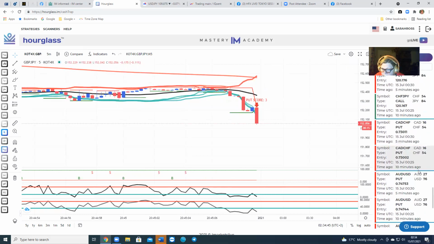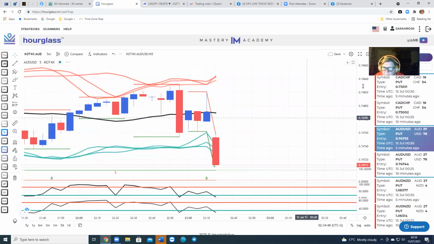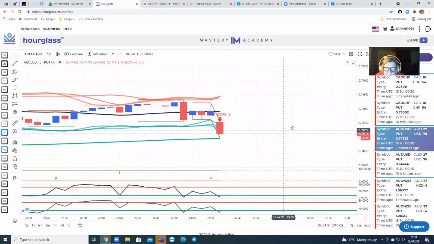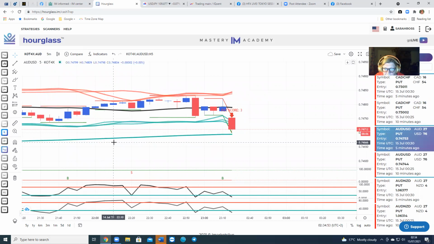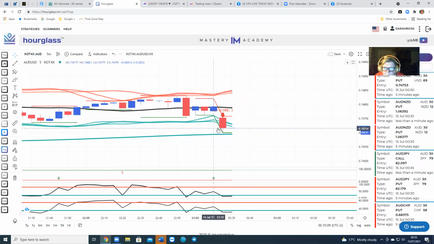Don't trade any of those. Look at that, another. No, that's a different setup because the moving average is green and still below it. So it's in a period of transition. Not an ideal setup, but it could bounce off that for a call.